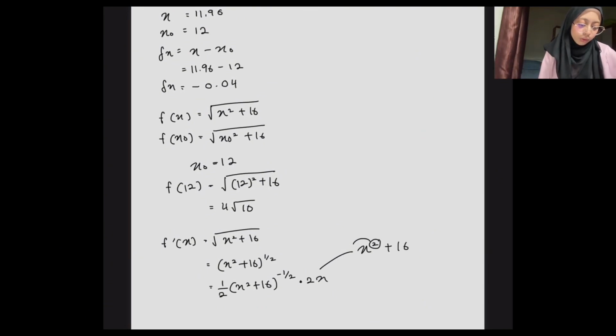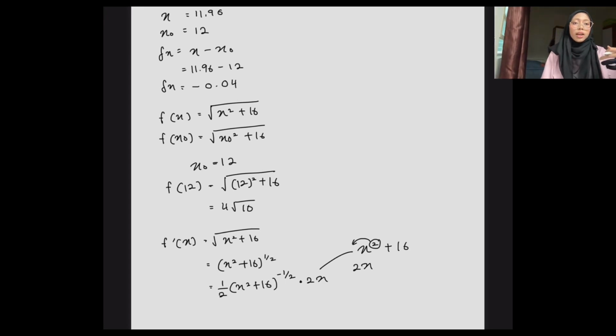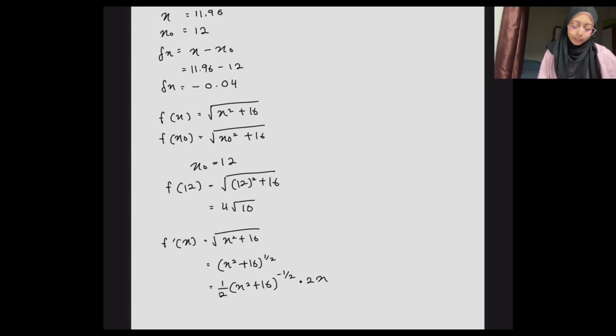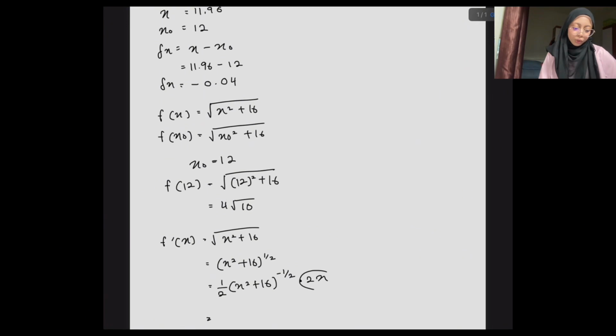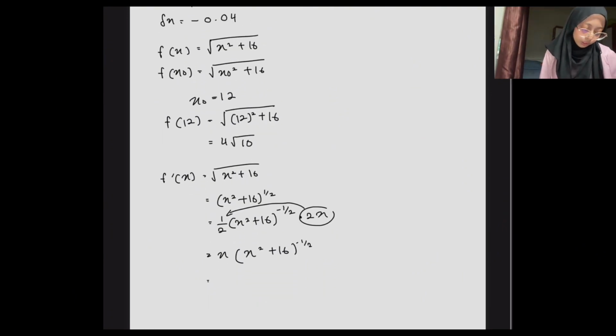Bring the square to the front, it will become 2x. And since 16 doesn't have x, it will automatically disappear. So that's how we get 2x. And the next step, multiply 2x with the front, we will get x (x² + 16)^(−1/2). It will become x over the square root of x² + 16.